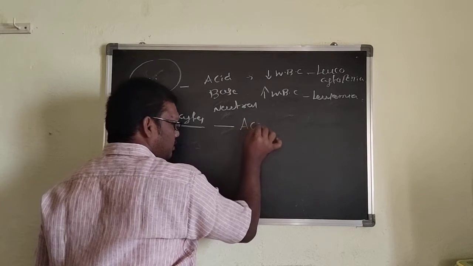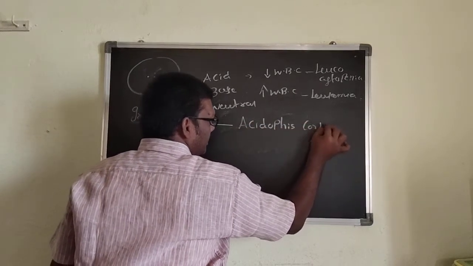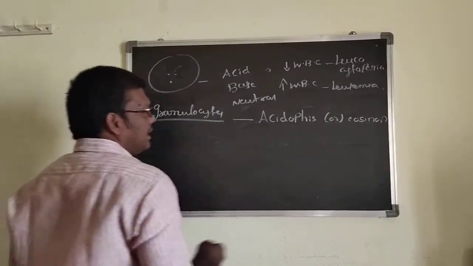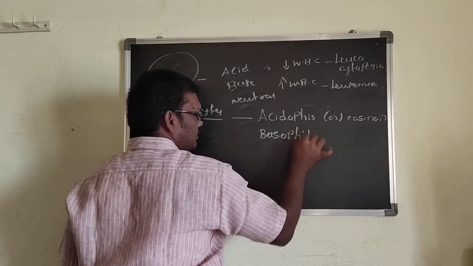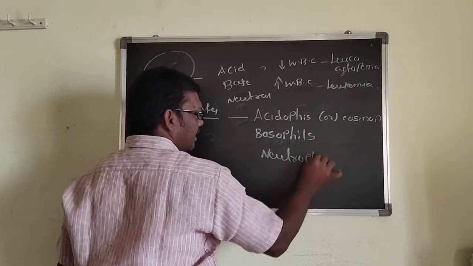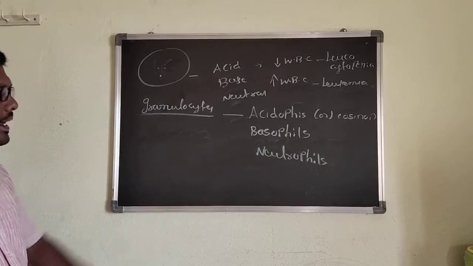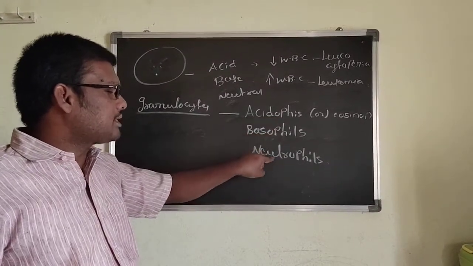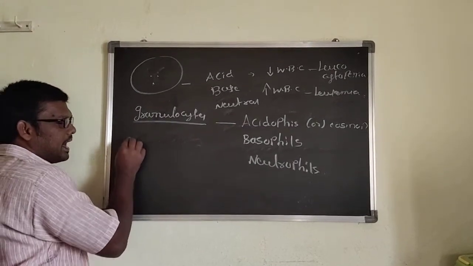One is acidophils, also called eosinophils. The second is basophils, and the third is neutrophils. Now, first we can go for the acidophils.